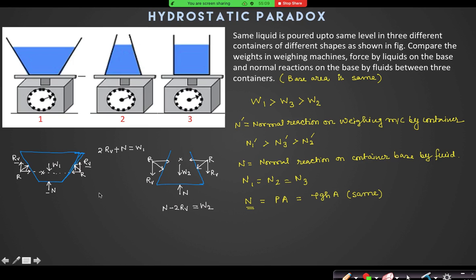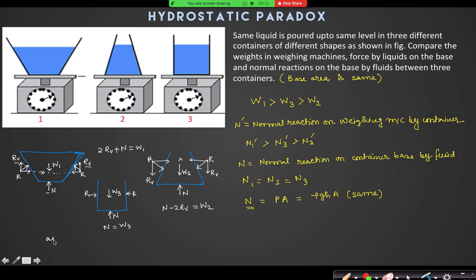And when you draw the free body diagram of the third one, then R will get cancelled out. W3 is downward, N is upward, and R will cancel each other. So N is equal to W3.